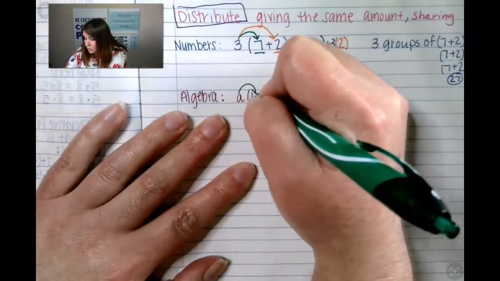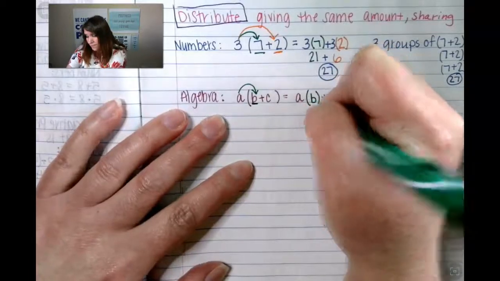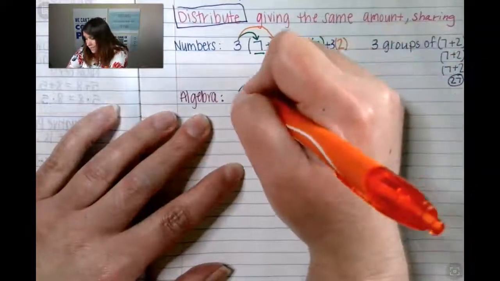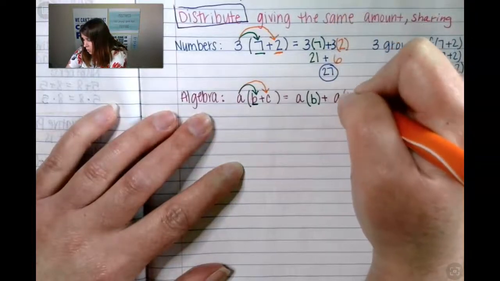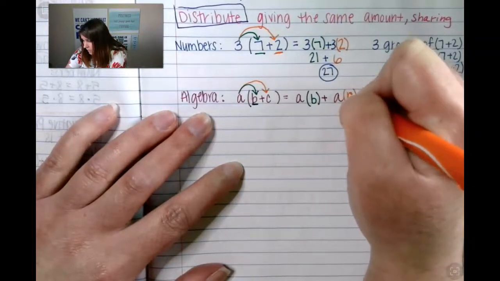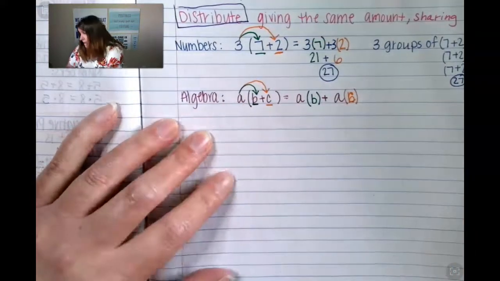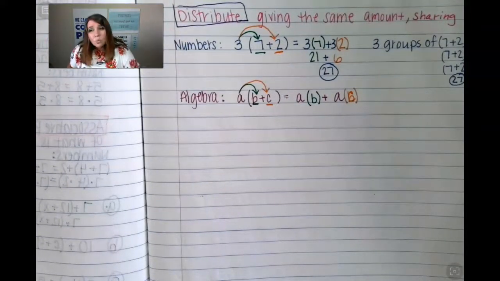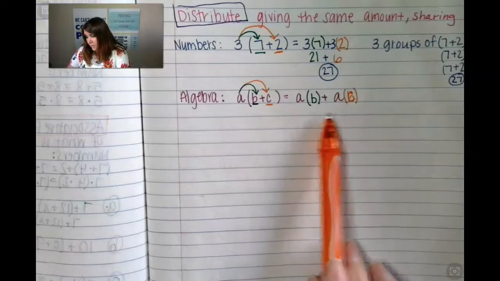So A is going to share with B. A groups of B, or A times B. We know we're going to have A times C, or A groups of C. Pretend that's a C. Okay, so we have A times C. Now, I cannot combine anything else because we don't know what anything else is. So I have to leave this alone, just like this.